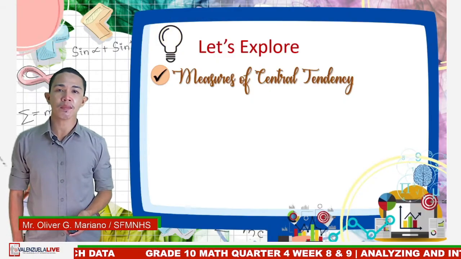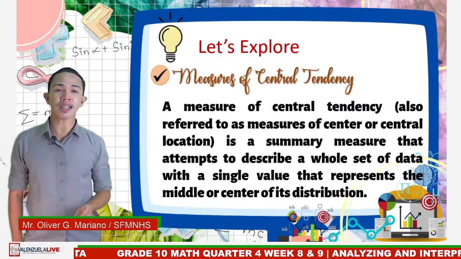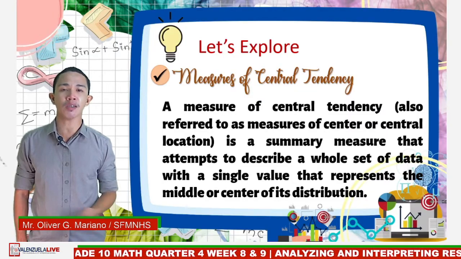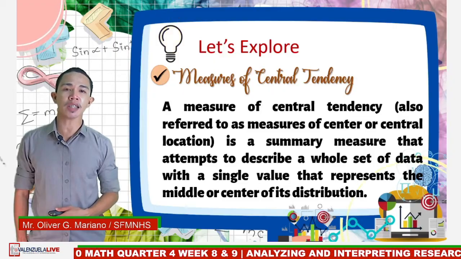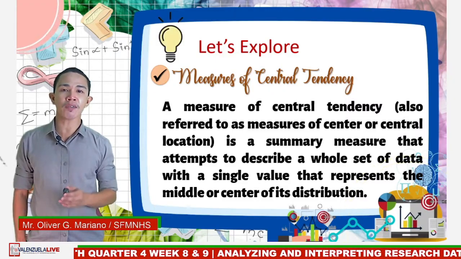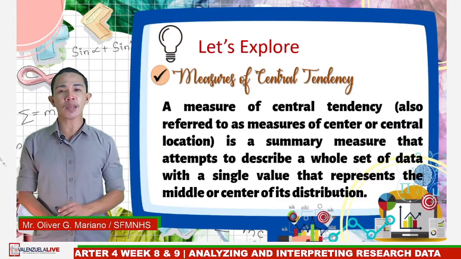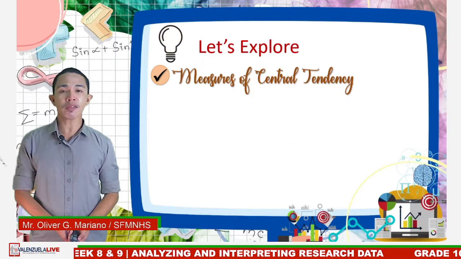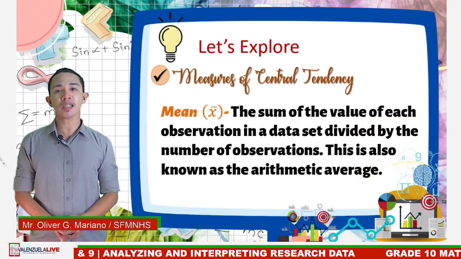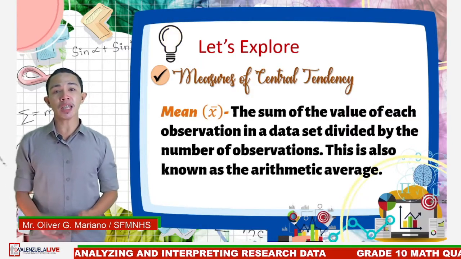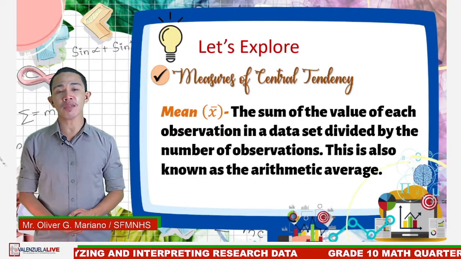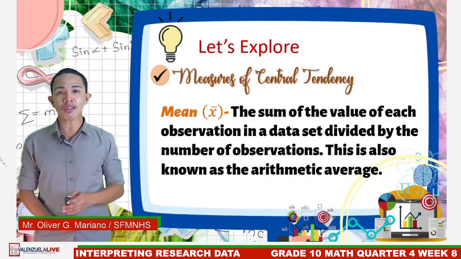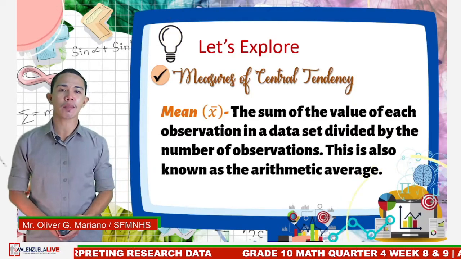First is a measure of central tendency, which is also referred to as measures of center or central location, is a summary measure that attempts to describe a whole set of data with a single value that represents the middle or center of its distribution. The most common one is the mean, which is denoted by X bar. The mean is the sum of the values of each observation in a data set divided by the number of observations. This is also known as the arithmetic average.